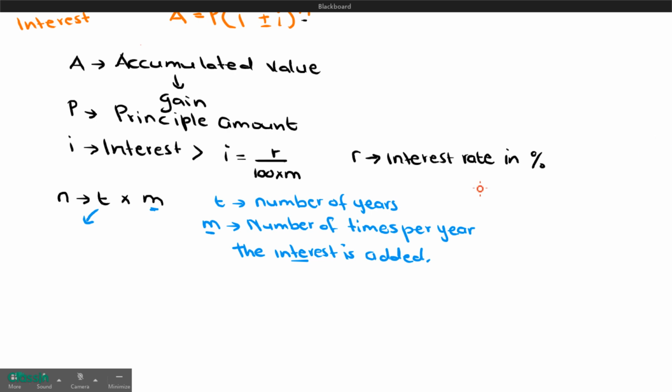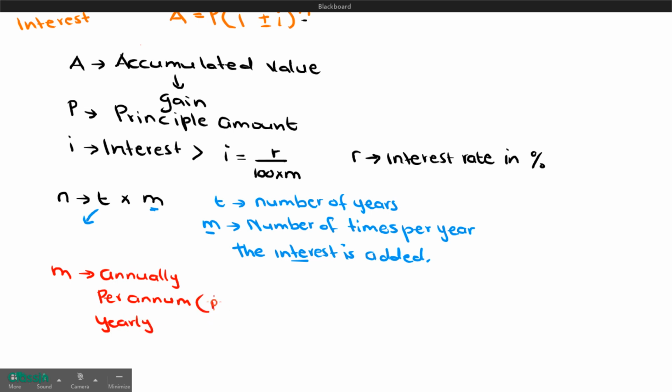Now, what's M? M is the number of times per year in which the interest is added. If we are saying that the interest is added once in a year, we use the term annually, per annum, or yearly.